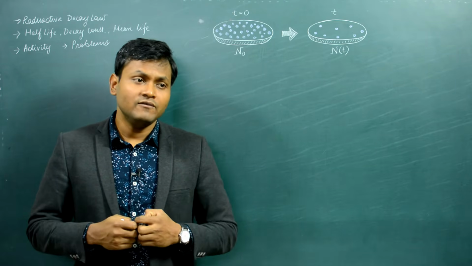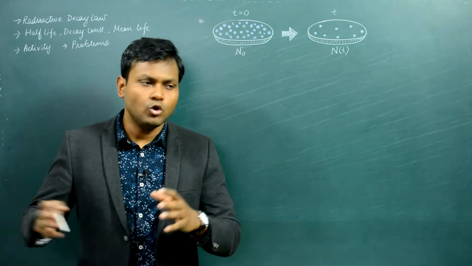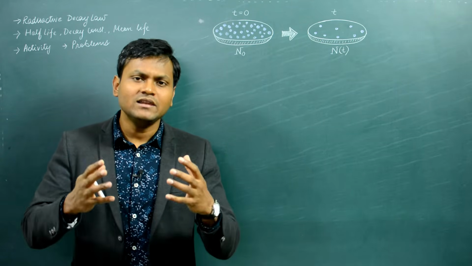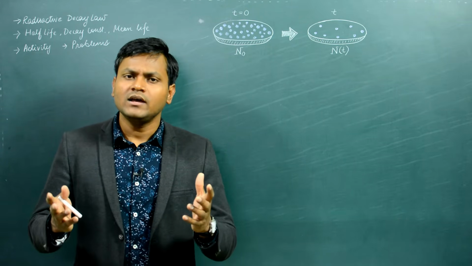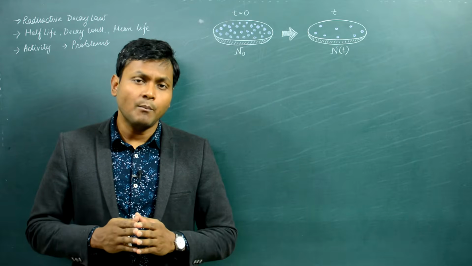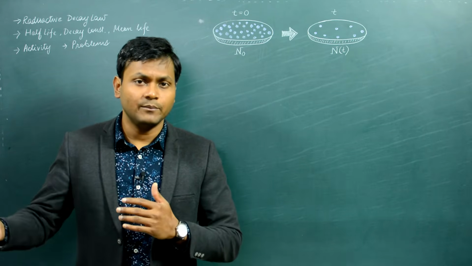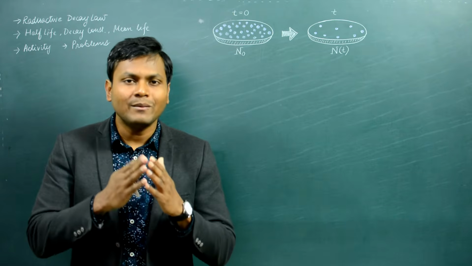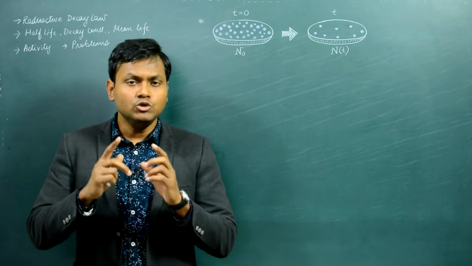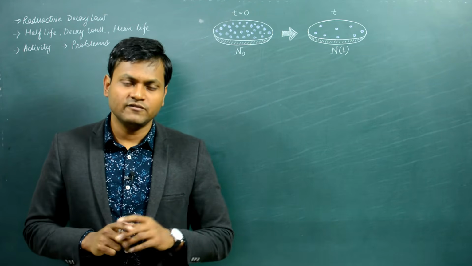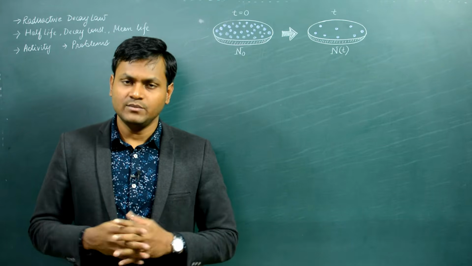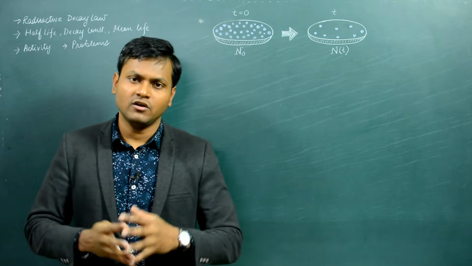However, if you have, let's suppose, 100 such atoms or 1,000 or 10,000 such atoms, in that case, you can make an approximate prediction as to what is going to be the number of atoms which remain after some time. What does this tell us? It tells us that radioactivity is a probabilistic process. That means you cannot make an accurate prediction for one atom, but you can make a very good estimation about a large collection of atoms.